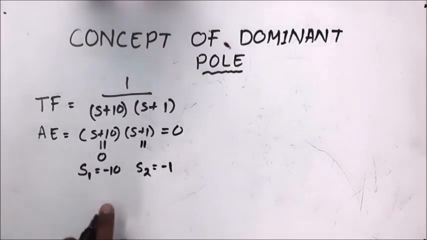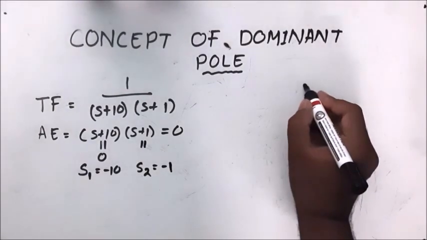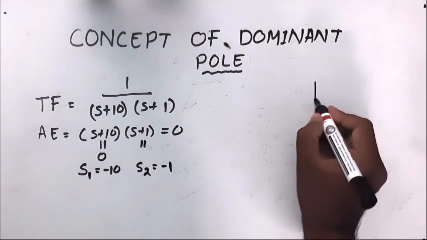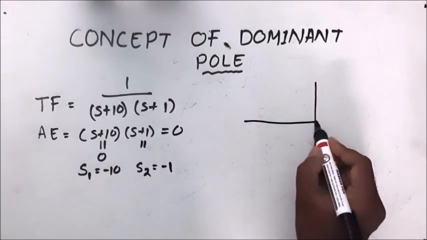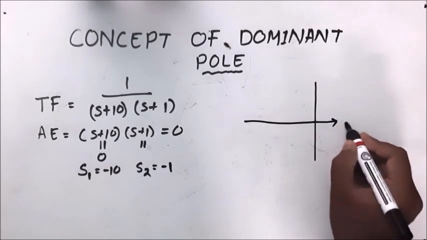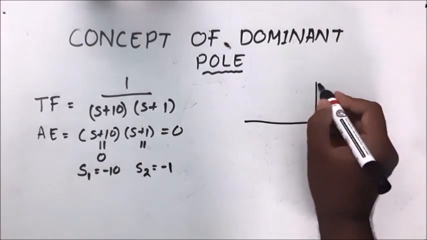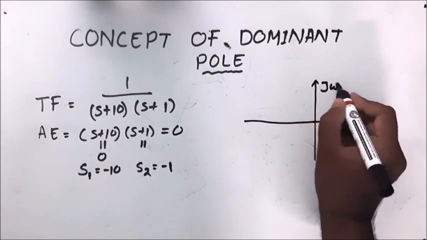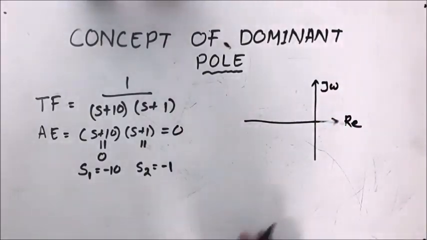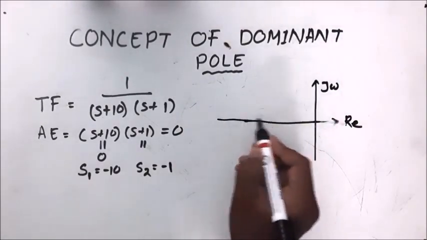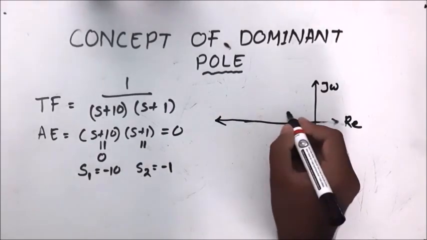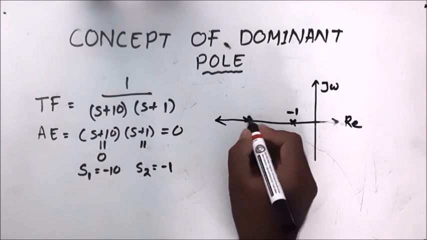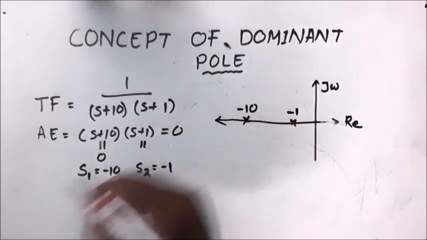If I try to plot this in the S plane, this is my real axis and this is the j omega axis, or imaginary axis. I'll find one pole over here, that is minus 1, and another pole over here, that is minus 10.